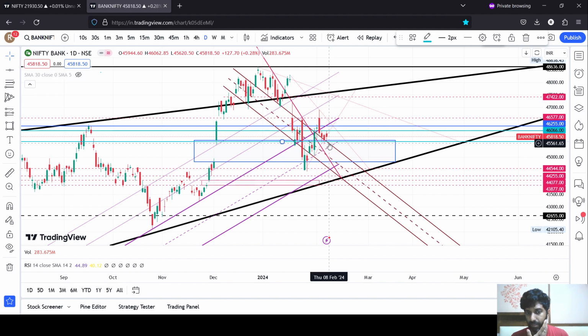If it breaks, we may see the next level of almost 44,999, that is almost 45,000, in the coming trading sessions. So on the downside those are the levels to watch out for, and on the top, 46,577 can be a possible target in the coming trading sessions.